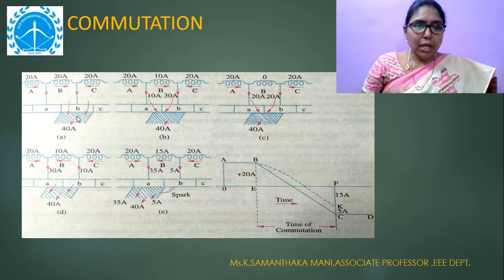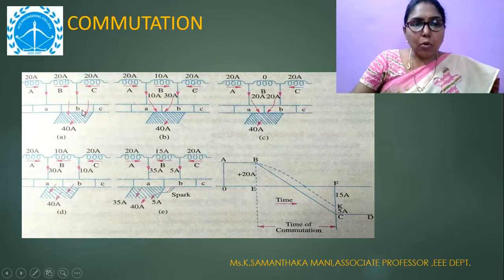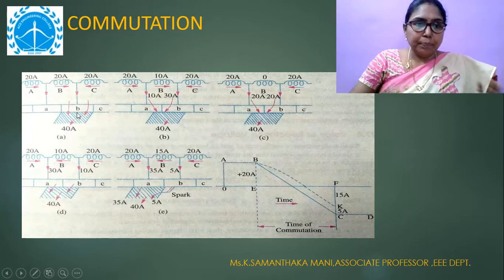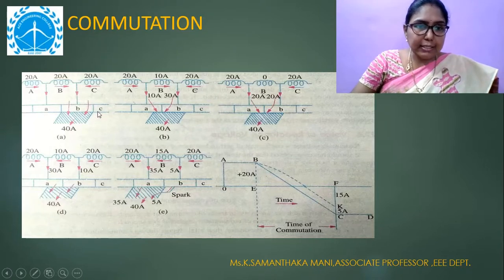commutator segments. We are considering three coils, coil A, coil B, coil C, and we see how these coils get short circuited during their rotation. Small a, small b, small c are segments of the commutator, and we start with the first position. The brush exactly coincides with segment b here, and it is collecting 40 amperes.